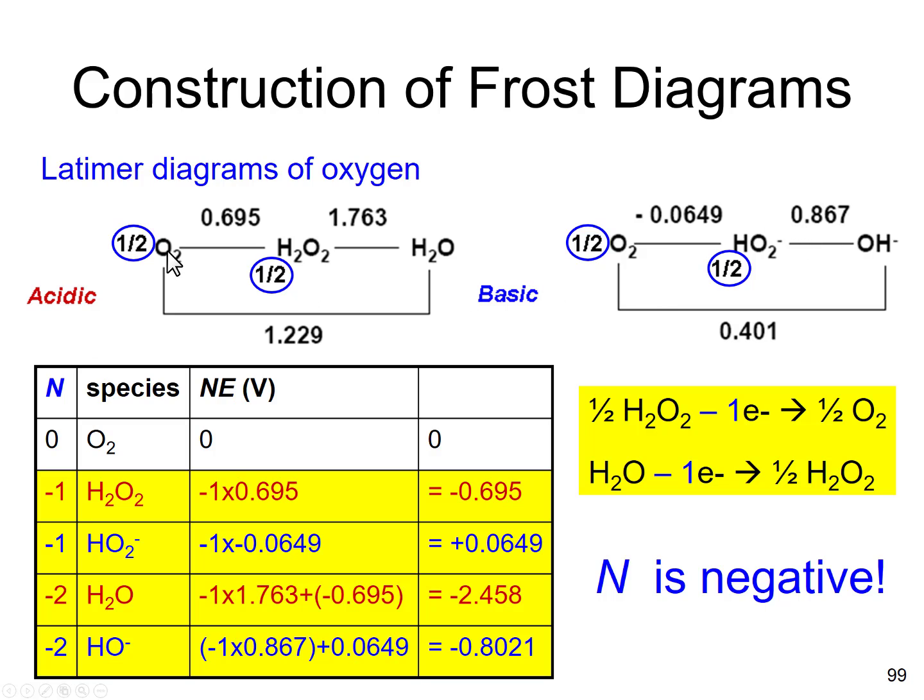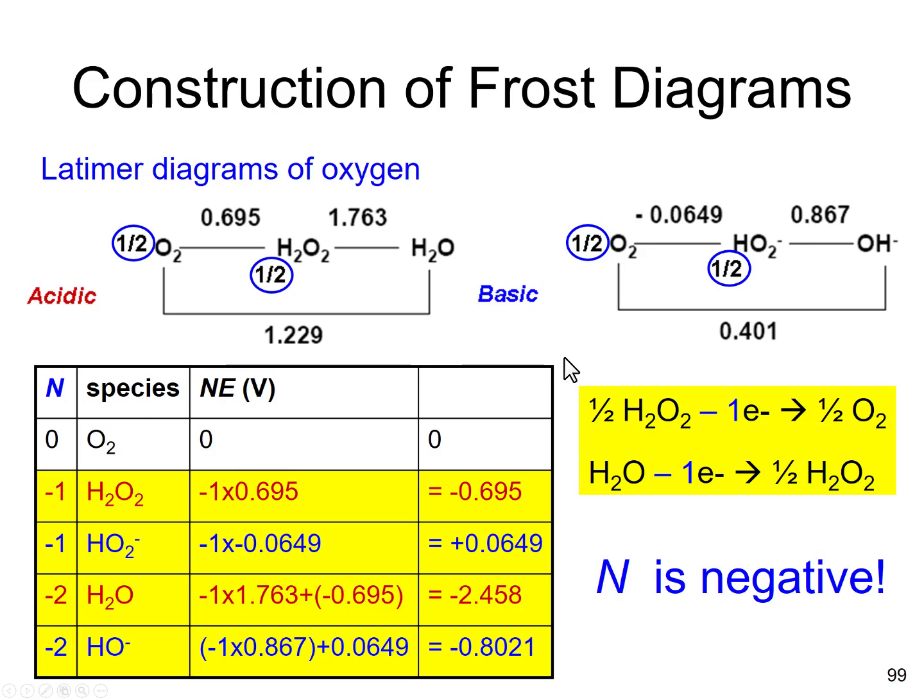And you can already see that here we have Latimer diagrams. So the direct relationship of dioxygen to water involves this particular redox potential. And the same applies here, right? So dioxygen is related to the hydroxide anion by this particular potential. Now you have here all the values that you need in order to construct your Frost diagram.